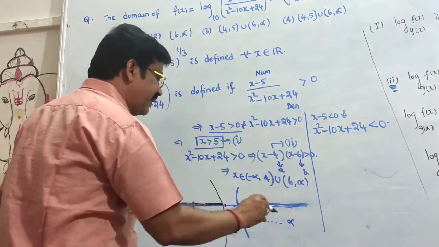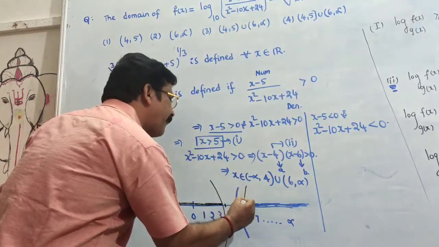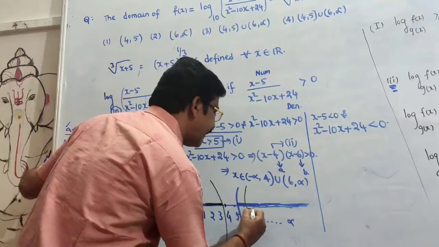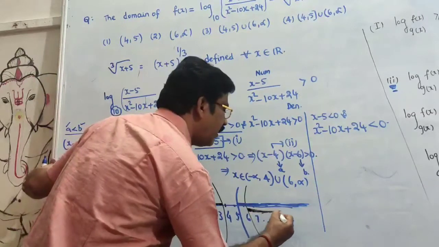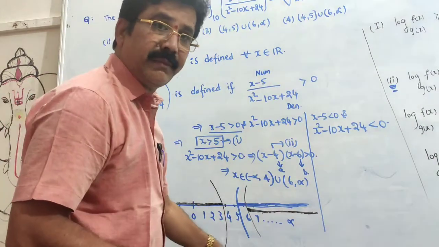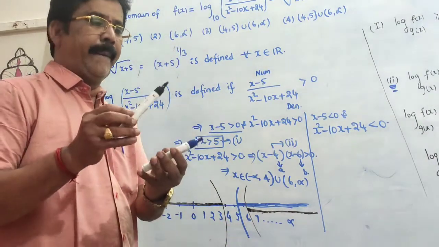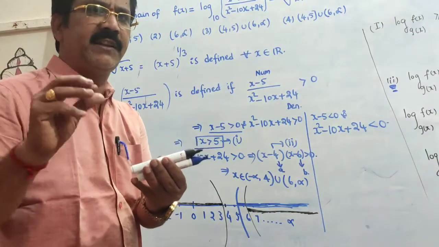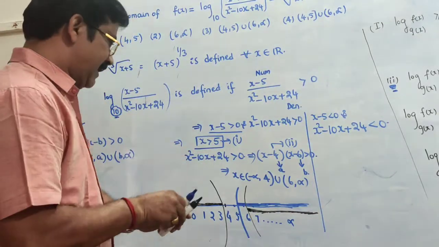Union 6 to infinity means 6 to infinity, this area. Now the combined solution means that black and blue, this common shaded part, is our required solution for this case.